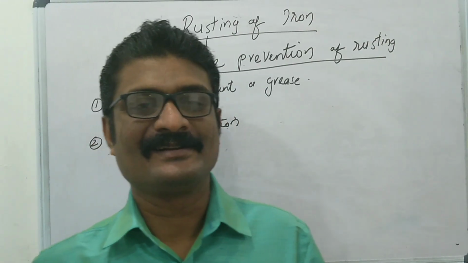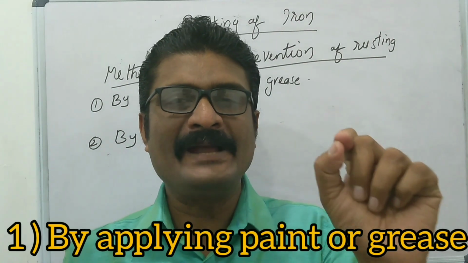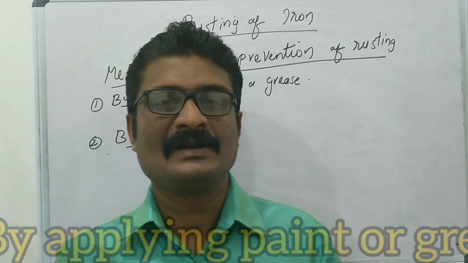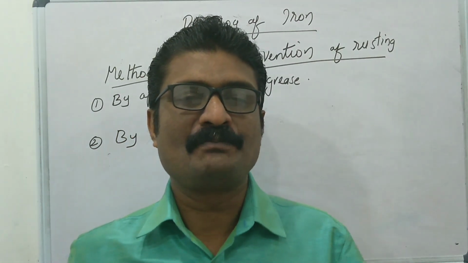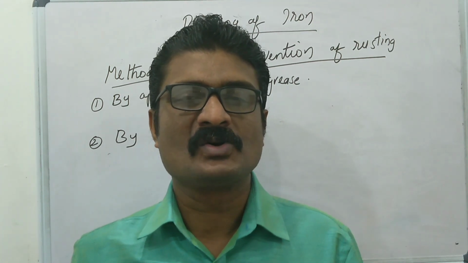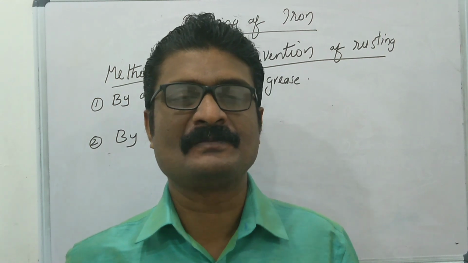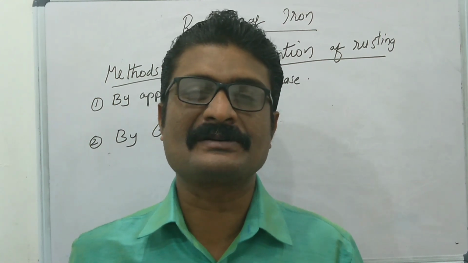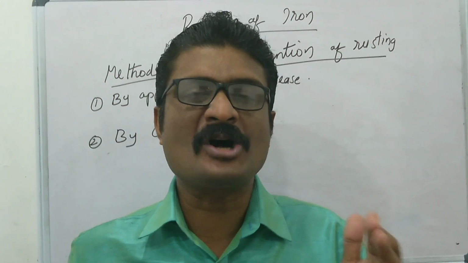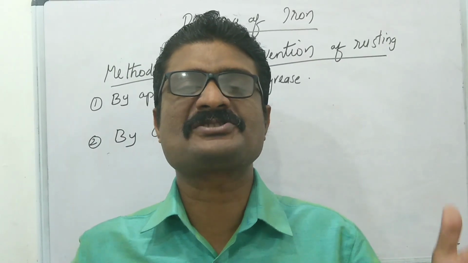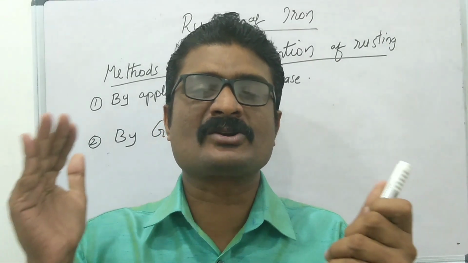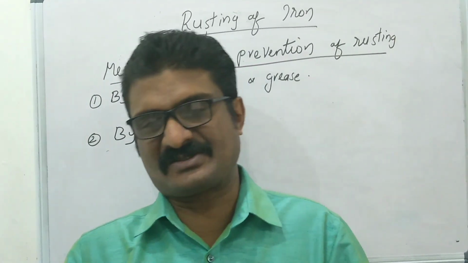First method, by applying paint or grease. A coating of paint or grease on the surface of a metallic object prevents its rusting by not allowing moist air to come in contact with the surface.